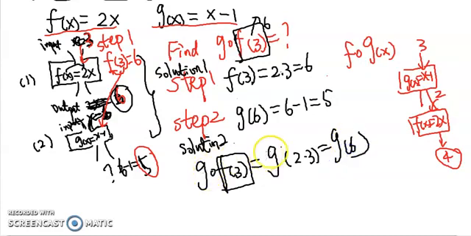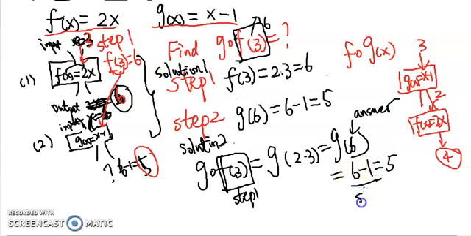So you just keep copying that letter G. And when you get an answer, you plug 6 into the G function. You still have to do steps, but you just didn't separate them, you put them together. So this is still your step 1. This is the answer from step 1. And then you do step 2. This is our step 2. And plug a 6 into the G function, the second function.